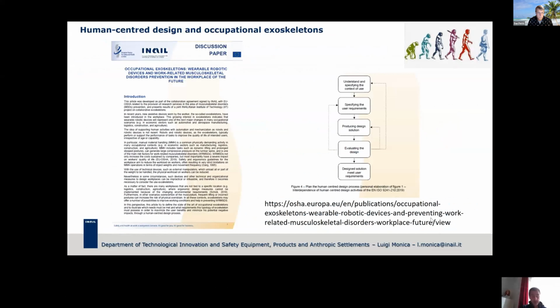We can find the first application of a human-centered design process to develop an occupational exoskeleton in a discussion paper carried out by IEA and published by the European Agency for Safety and Health at Work. You can download the discussion paper using the link proposed on the slide.